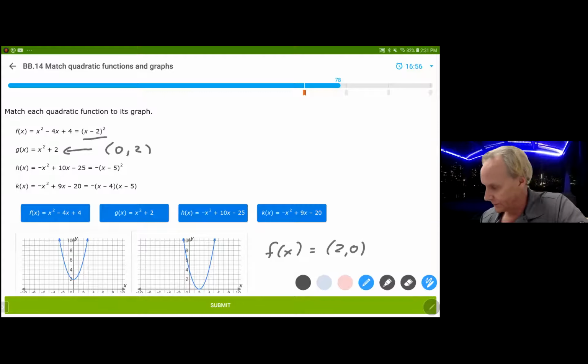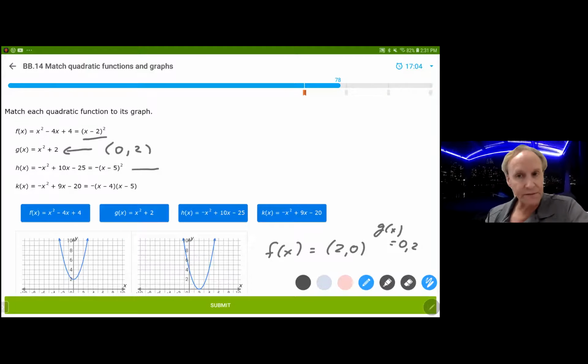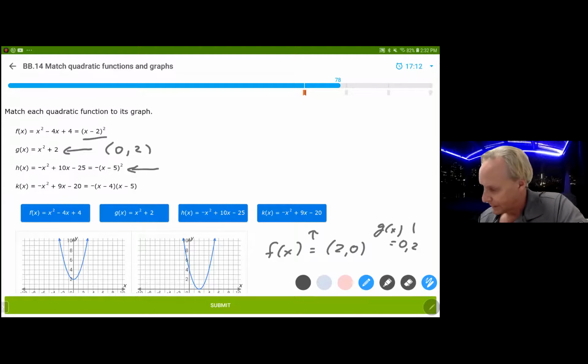So (0, 2) is g of x. And then this one is going to be at (5, 0), but it's going to go down. So h of x is going down. Both of these are going up, by the way. H of x is going down, and my vertex is going to be at (5, 0).